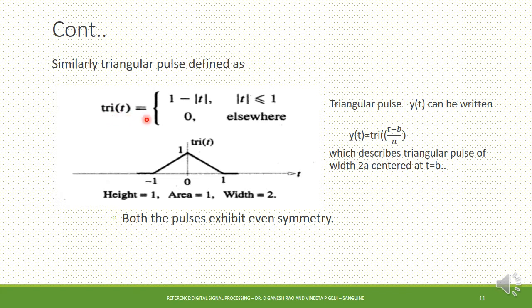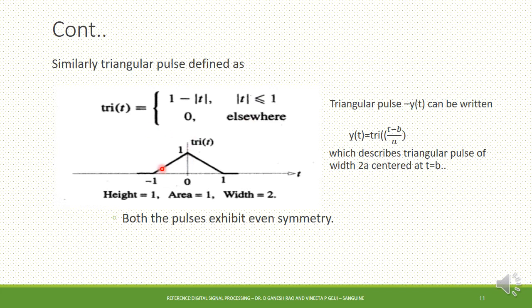TRI of t is equal to 1 minus modulus of t if modulus of t is less than or equal to 1, and it is equal to 0 elsewhere. Other than this, TRI of t is equal to 0.